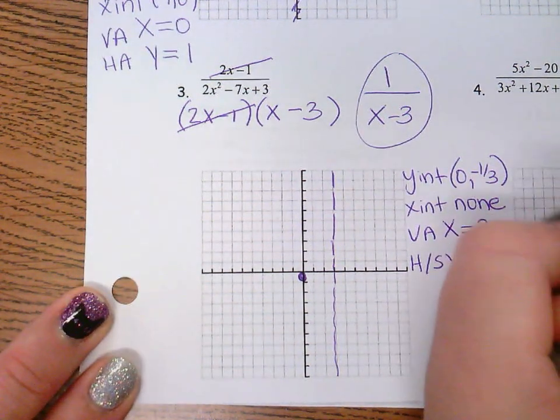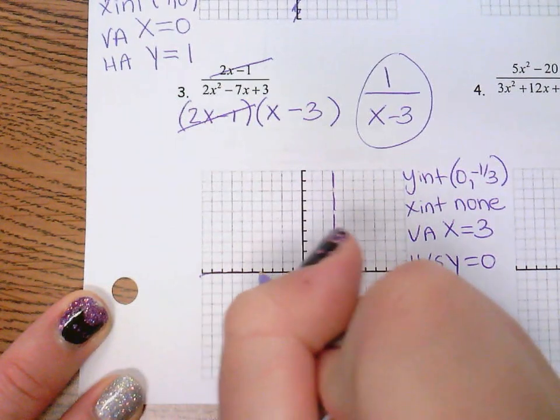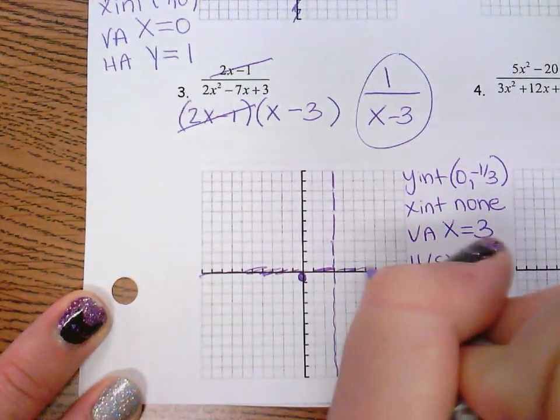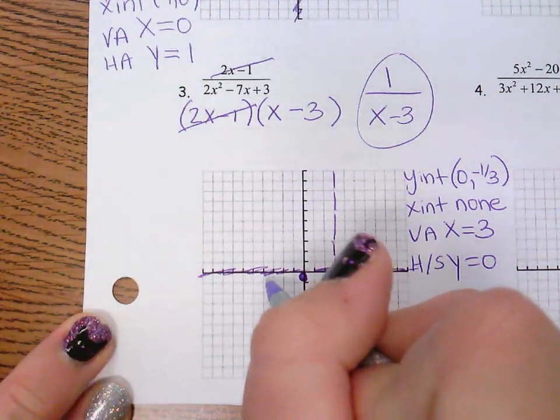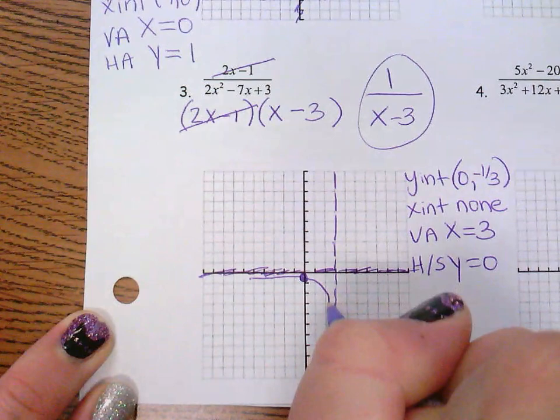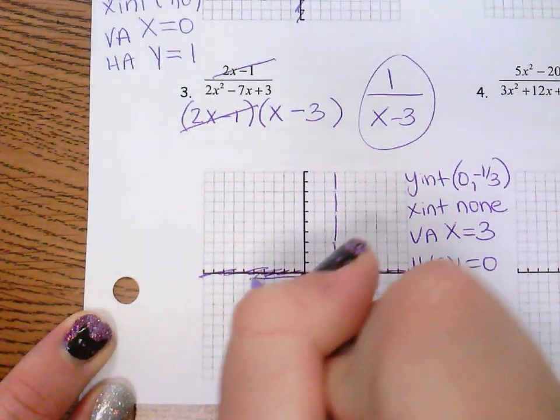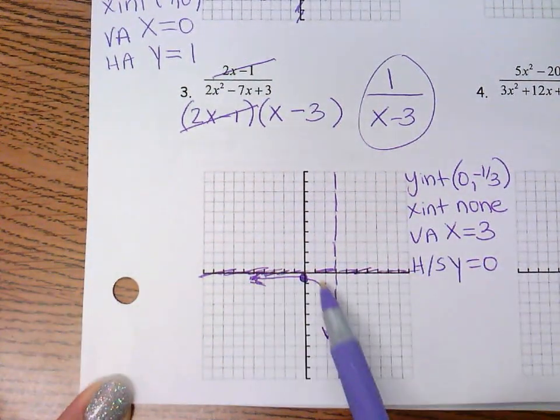So y equals 0 is my horizontal asymptote, so I can dot that in. All right, so I know where this elbow goes. It goes through -1/3 and then shoots its way down like that. So there's one part of my graph.